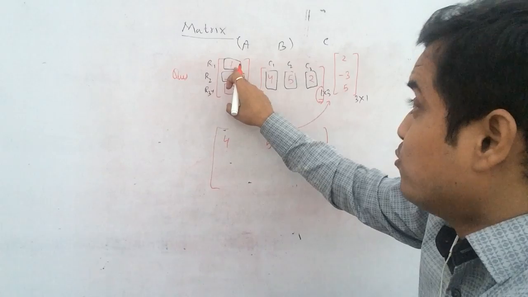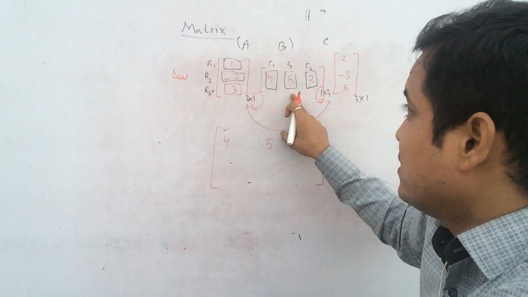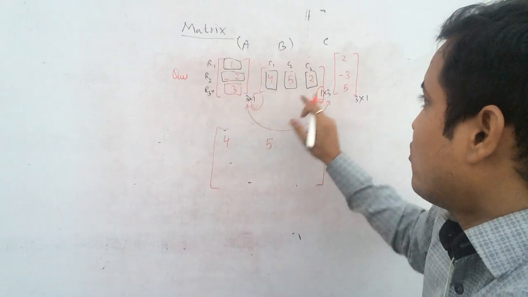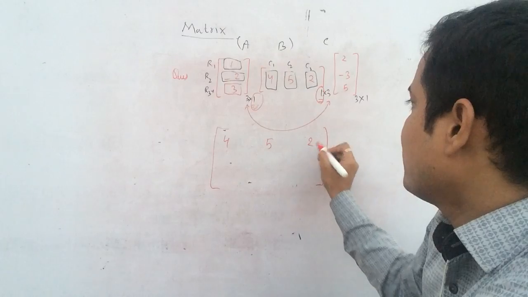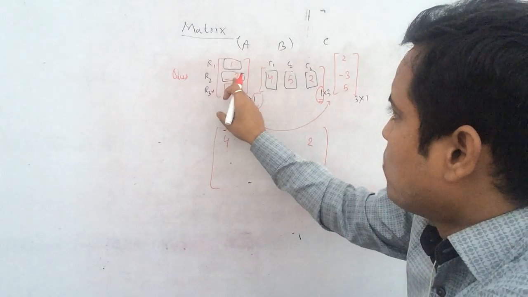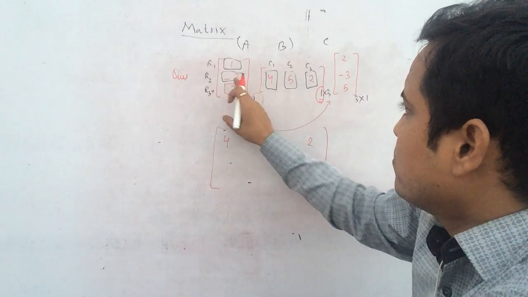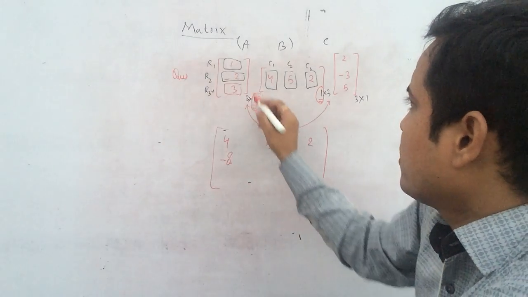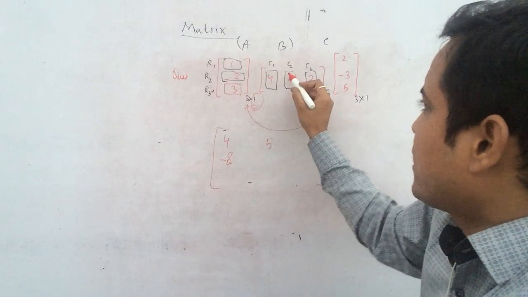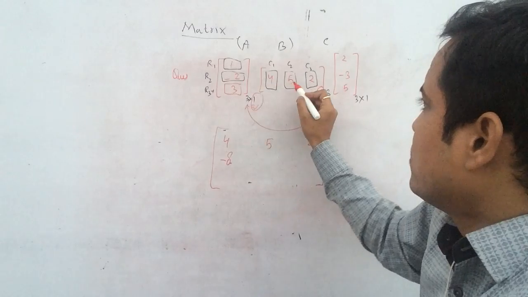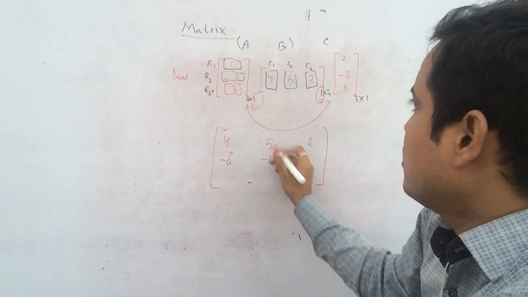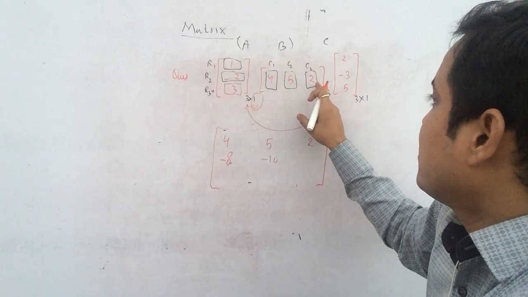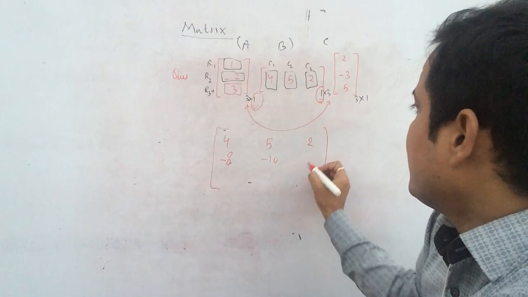Now row 1 multiplied by the third column, 1 2s are 2. Row 2 multiplied with the first column, minus 2 into 4, it is minus 8. Row 2 multiplied with the second column, minus 2 multiplied by 5, it is minus 10. Row 2 multiplied by the third column, it is minus 4.